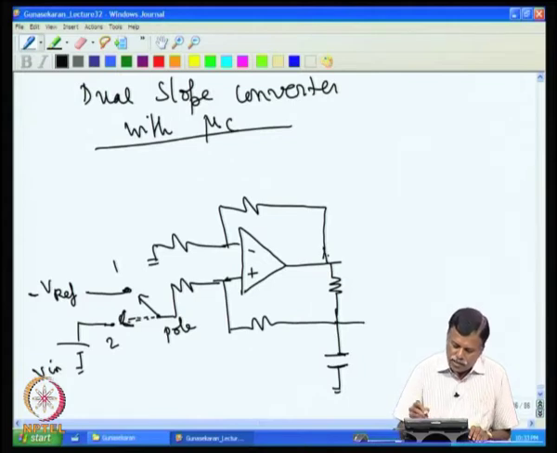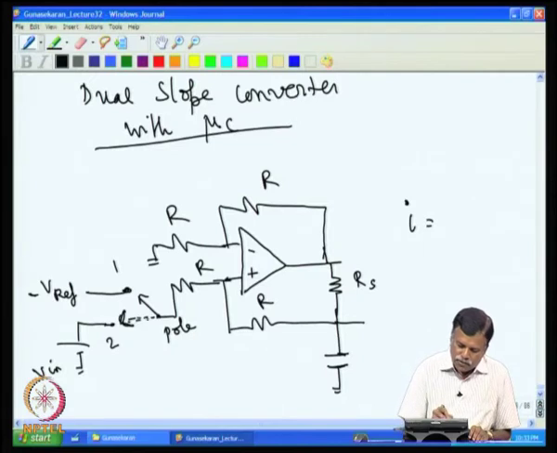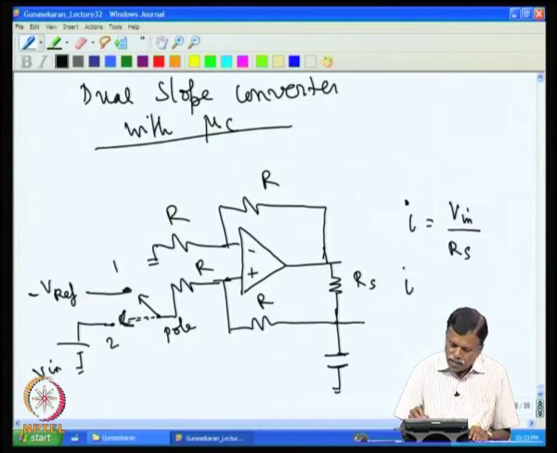The basic idea is, for example, if I have this R sense, and these resistances are equal, basically I is given by, if it is connected to V reference, V input. So, V in by R s, or I minus; we call this I plus, and I minus, the reverse current, is given by V reference by R s.